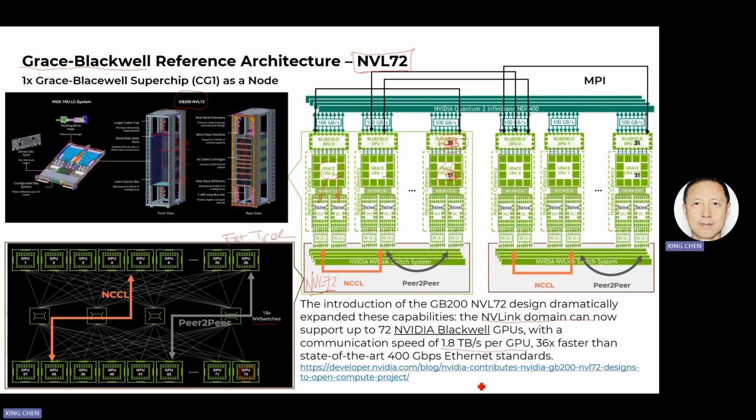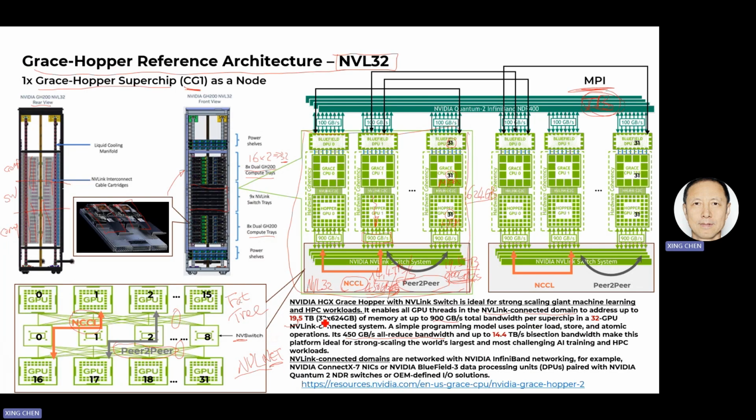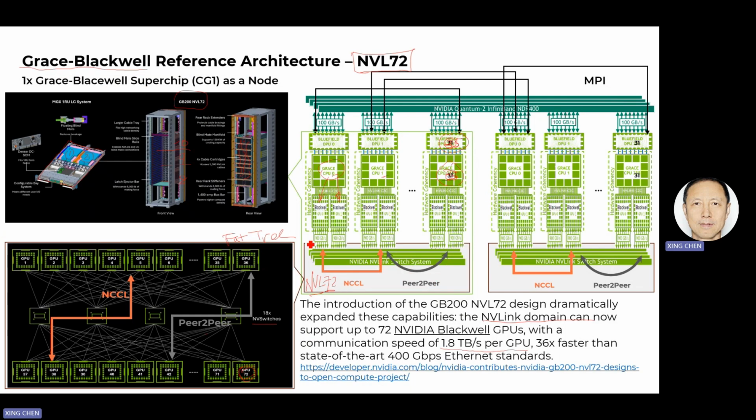I think this comes from the generation upgrade of the NVLink switch. For Grace Hopper it is 900 gigabytes per second, and right now for Grace Blackwell it should be higher.